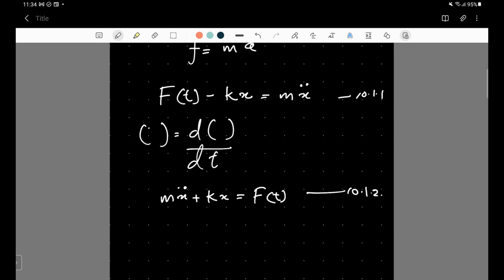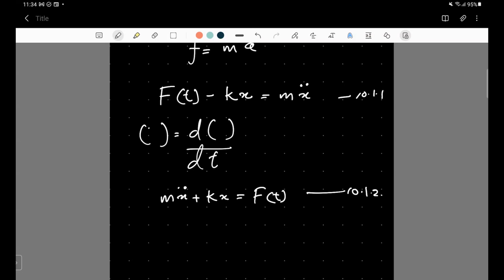And let's also consider a homogeneous solution of this equation, which can be obtained when the right-hand side of this equation is equal to 0, when the force applied is 0.